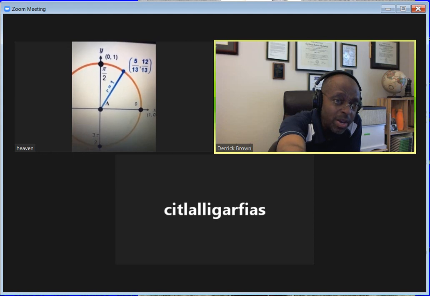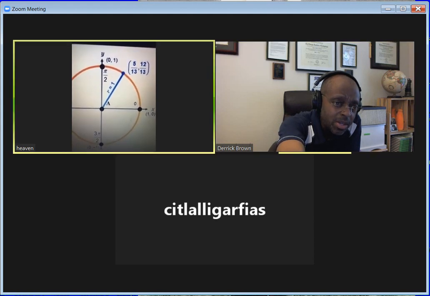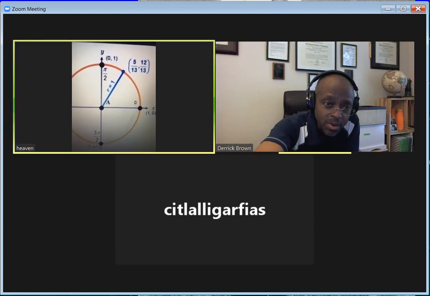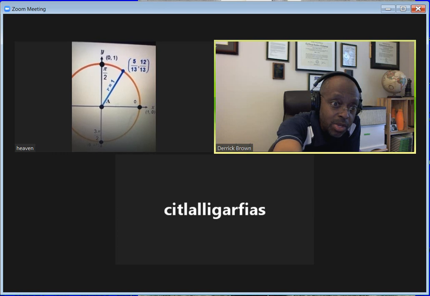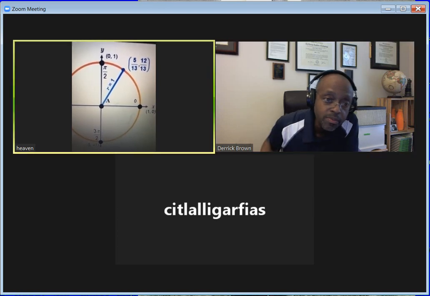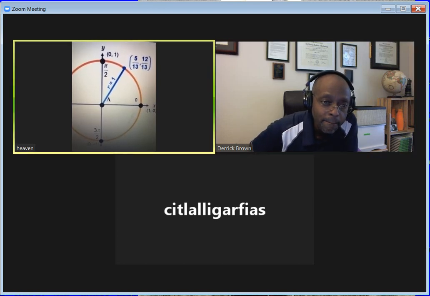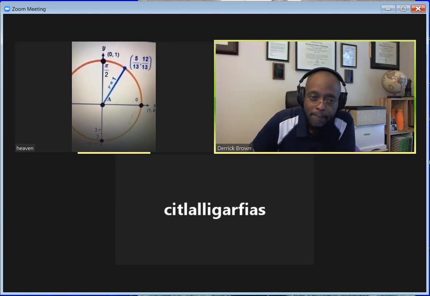The coordinates that are given tell you that those two imaginary lines I just drew, one of them has a length of 5/13. The other one has a length of 12/13. You see that now? Yeah.